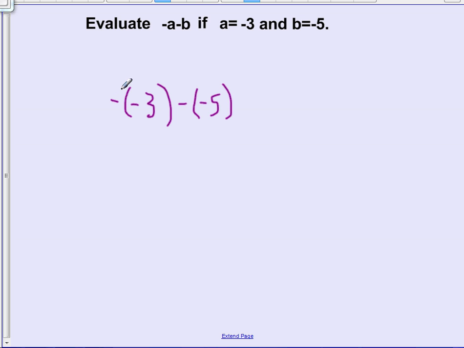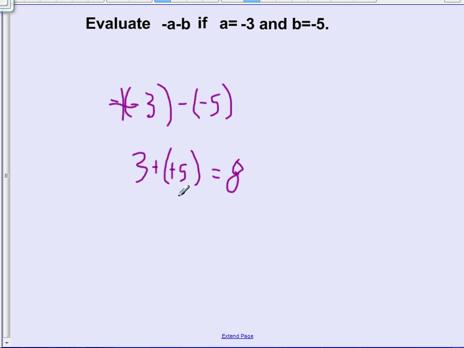So oftentimes, when I see those two negatives, I just create a giant positive sign. Okay, so now my problem becomes 3 minus negative 5, and it looks a little bit less confusing, all right? So then negative 3 minus negative 5, we would leave, change, opposite. 3 plus 5 is 8.